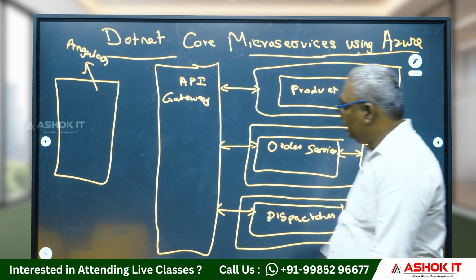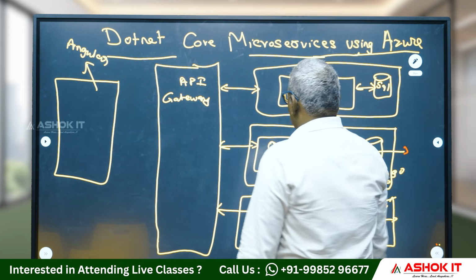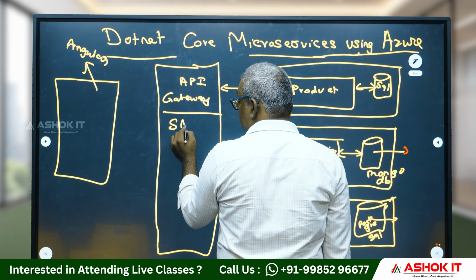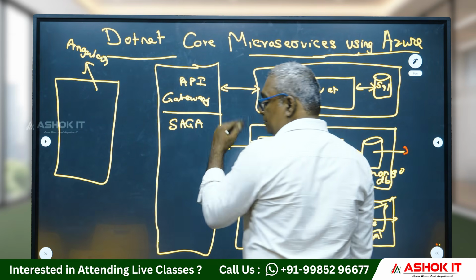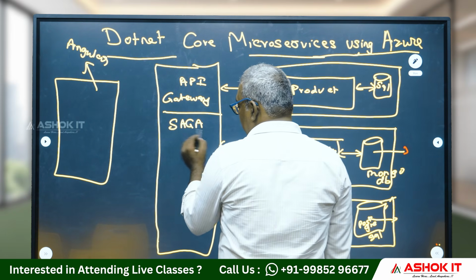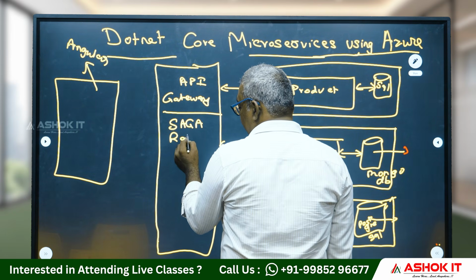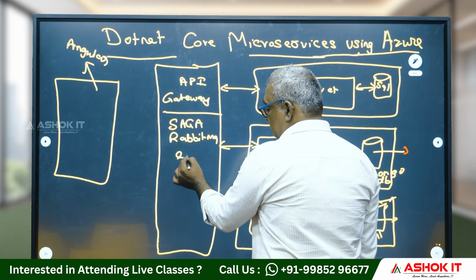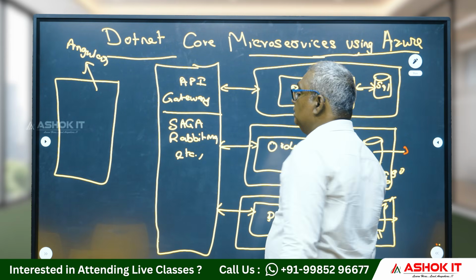In the API gateway, we are going to implement the Saga pattern, which we discussed previously. And we are going to learn RabbitMQ. These are all the concepts we are going to learn.